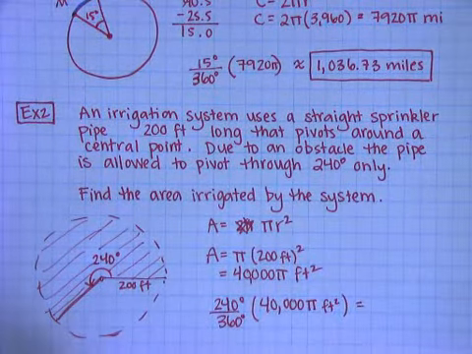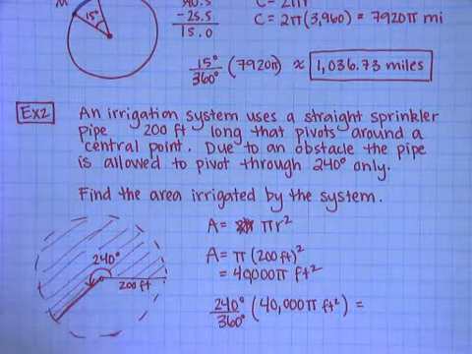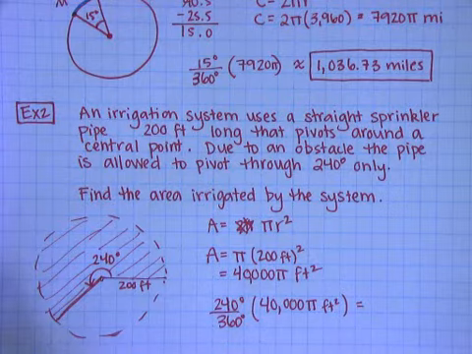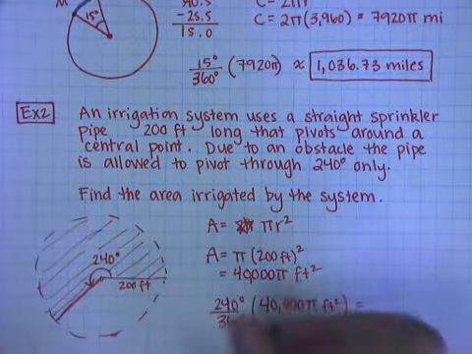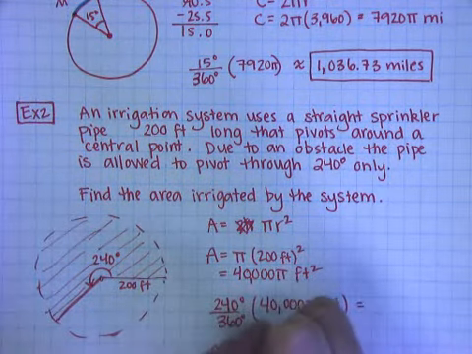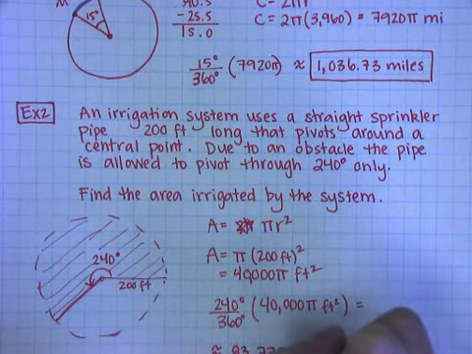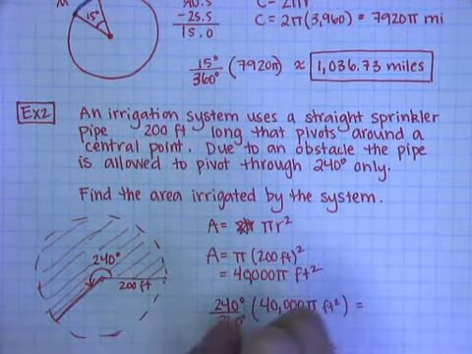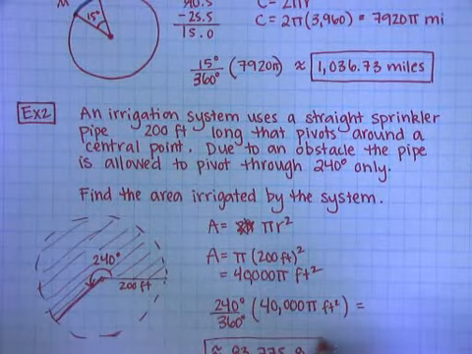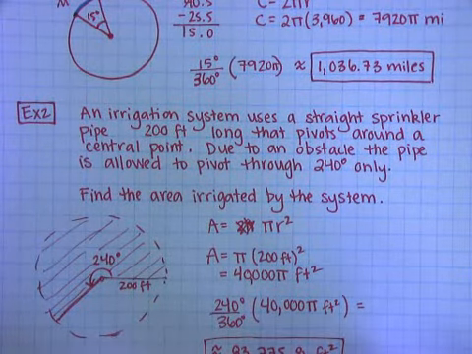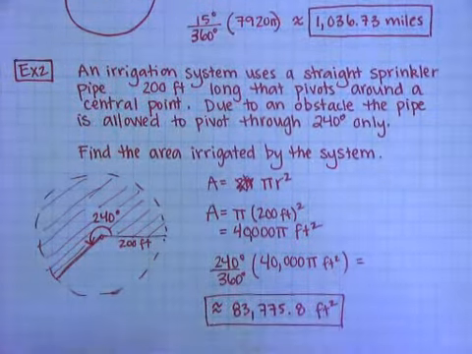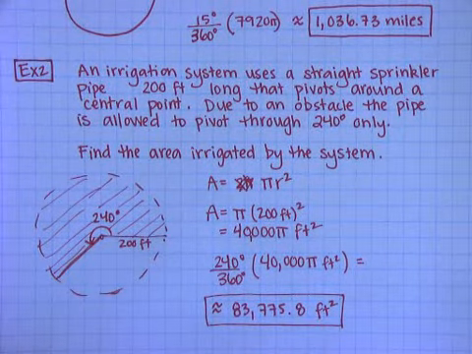So let's see, 240 divided by 360 times 40,000 pi gets us about 83,775.8 feet squared. And I know I'm not really going to significant figures here. I probably should be, but I'm not a math teacher. Science teachers, go ahead and be angry with me.